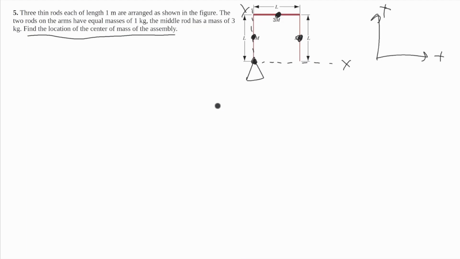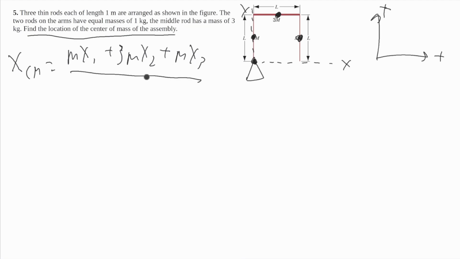Now to find the center of mass of the assembly, I will first find the center of mass of the x, and then I'll find the center of mass of the y, and then use those to find the center of mass of the whole assembly. So the center of mass of the x is equal to the mass of this first rod times the x position of the center of mass of the first rod, plus the mass of this second horizontal rod times its horizontal position, which I'll call x2, and then I'll add that to the third rod, which will be m x3.